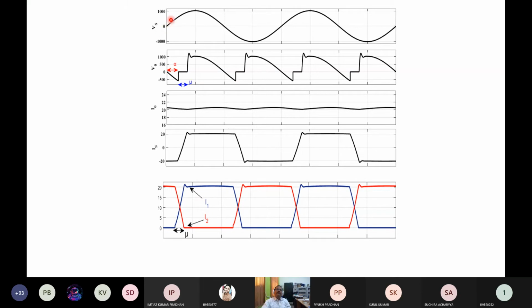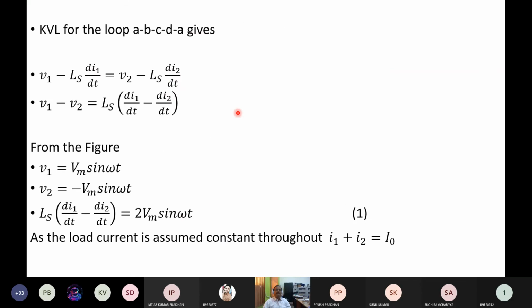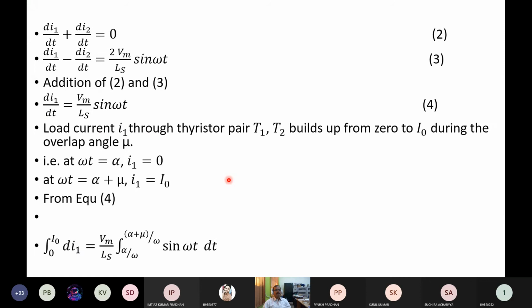And if this is V1, the reverse of this is V2, that is the voltage for the other pair. So from the equivalent circuit, V1 minus Ls di1 by dt is equal to V2 minus Ls di2 by dt. So this is okay. And from the waveform, at omega t equal to alpha, I1 is 0, and at omega t equal to alpha plus mu, I1 is equal to I0.